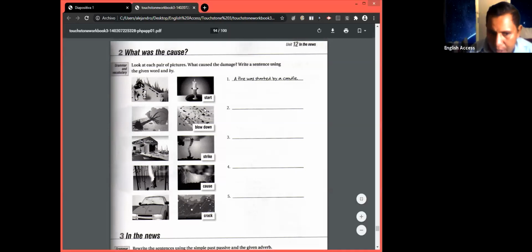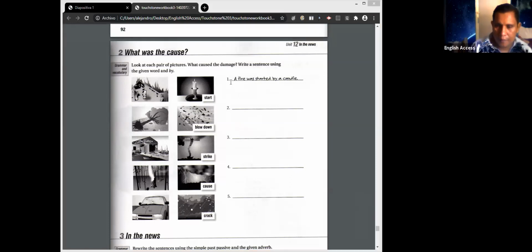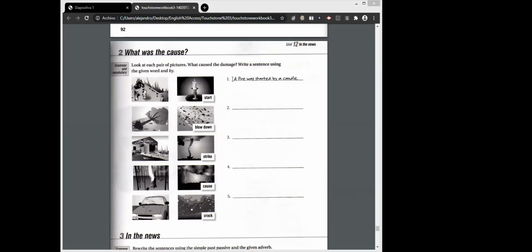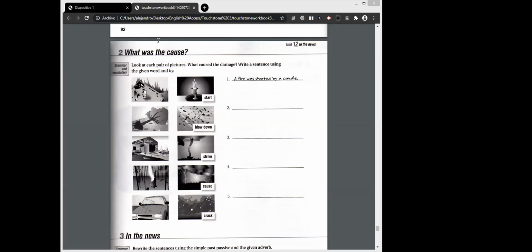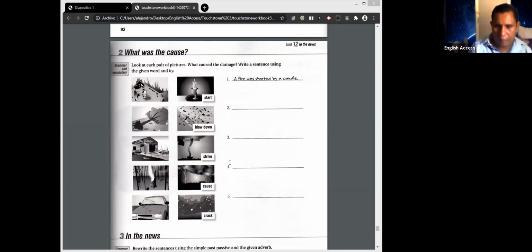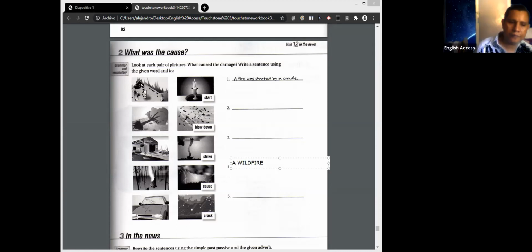What is the picture? Ah, the picture. It's a wildfire. Exactly, a wildfire. Thank you.